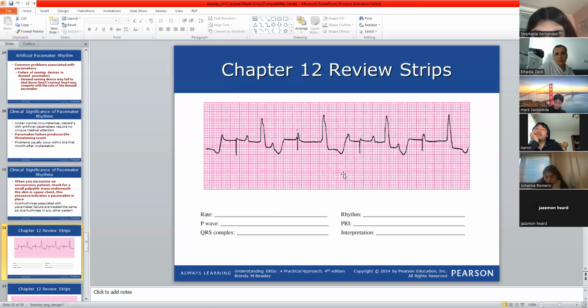Like we mentioned before, it is third degree, no relation. We mentioned that no relation means a third degree heart block. This is why we inserted the pacemaker, and this pacemaker is working to stimulate the atrium, followed by the ventricular character of the QRS.